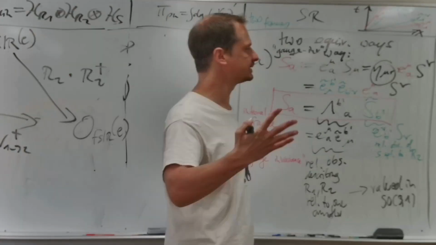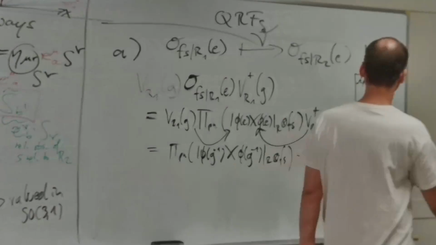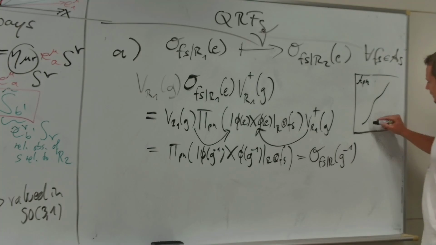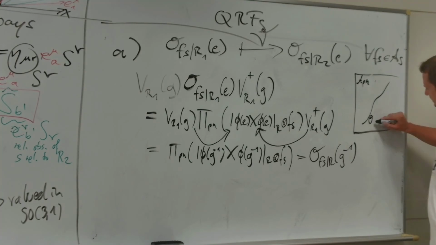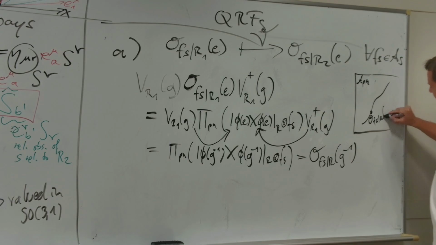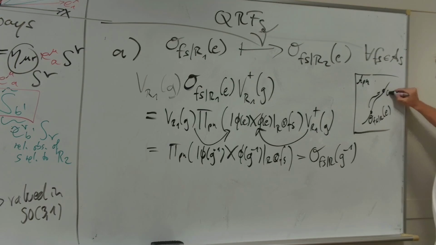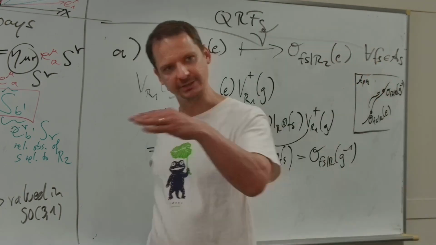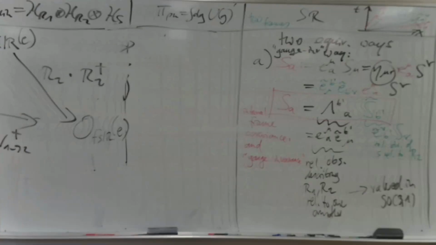They're actually multi-dimensional orbits, because the group is multi-dimensional. So this is say F_S, R, E, and then somewhere here F_S, R, g inverse. So the reorientations take you along that orbit.